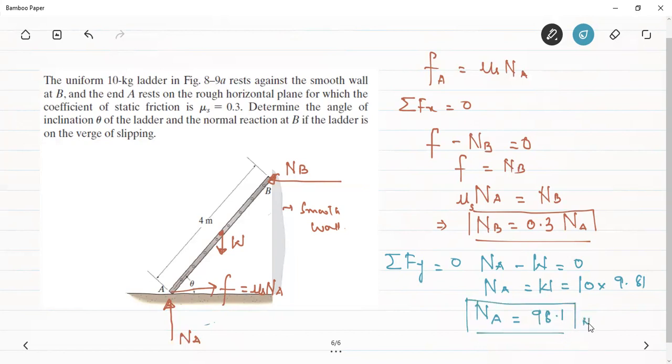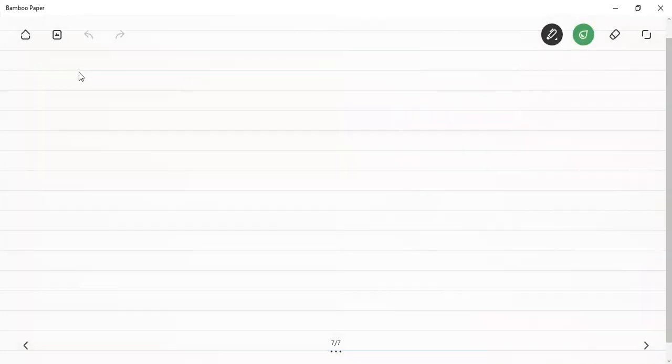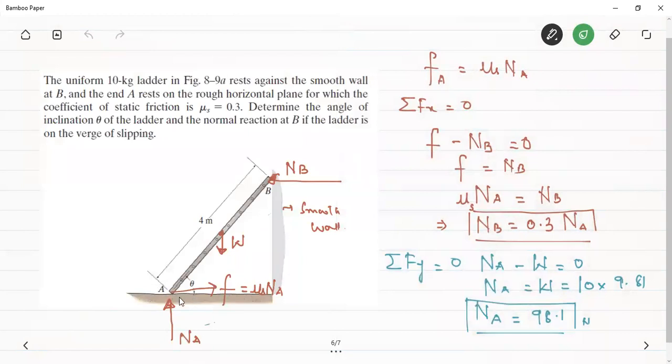Now the third equation. Since this ladder is a rigid body, we can use the moment equilibrium condition, taking the summation of the moments about any point to be 0. Here it will be quite easy to take the summation of the moments about A. About A, the friction force and the normal reaction don't create any moment. The weight will create a moment in the clockwise direction and NB will create a moment in the anti-clockwise direction.